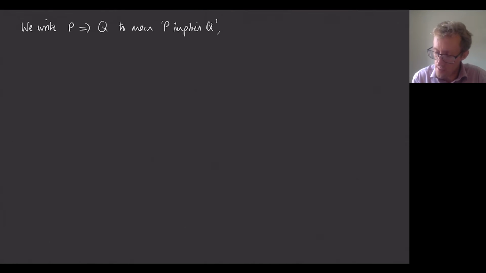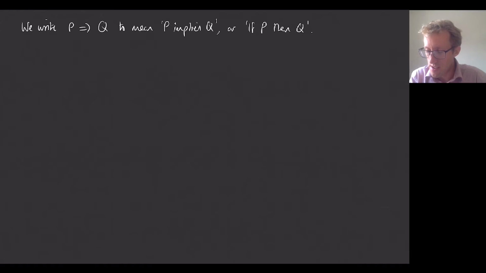Equivalently, that statement means the same thing as saying if P, then Q, by which I mean if P is true, then Q is true. And you're going to see that kind of phrase coming up a lot. So in the example that we just had, P was n is 2, Q was n is even, then indeed P implies Q. But in that example, Q does not imply P, so this does not say anything about P needing to be true if Q is true.